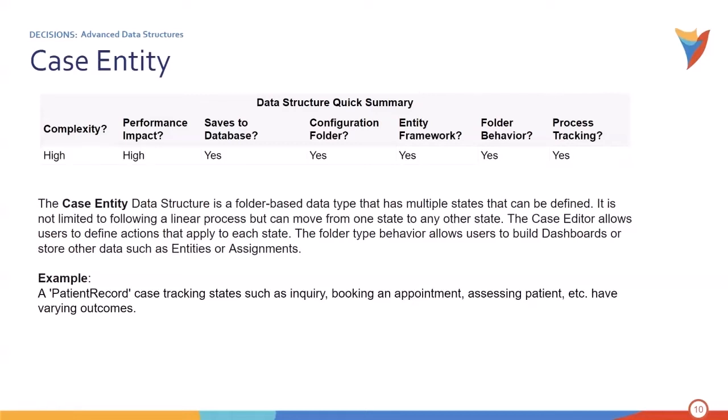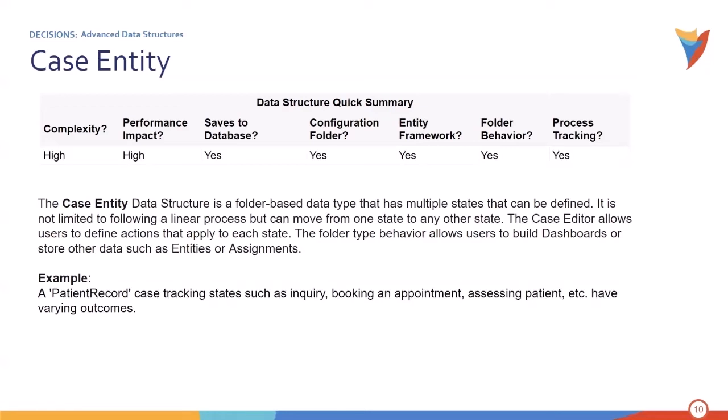So if the process is likely to bounce from point A to point B, back to point A, then jump to point C, then in that case, you would heavily consider using a case entity. It is a folder-based data type, has multiple states that can actually be defined, so you can create your own custom states for a case entity.